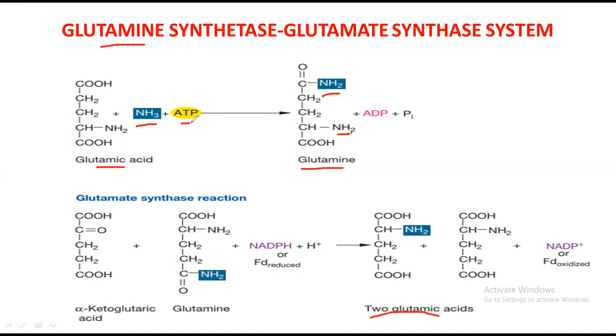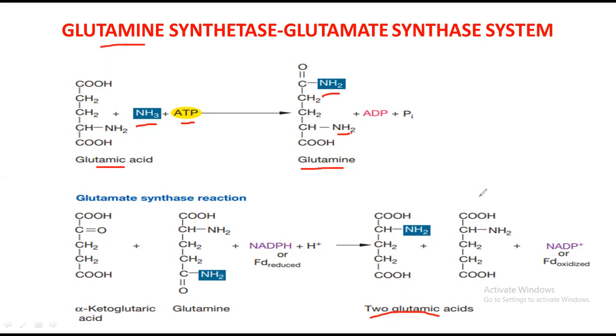In the reductive amination there is no use of ATP, but in glutamine synthetase there is use of ATP, and it acts when NH3 is not abundant. It will be present, but in lesser amount with respect to the amino acid present in the reductive amination pathways. After that, it can give rise to two glutamic acid.